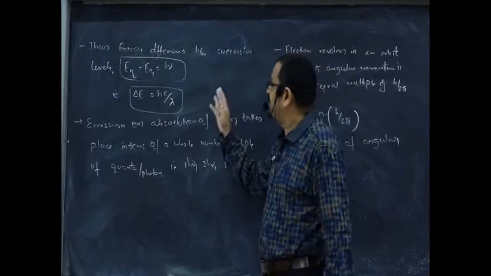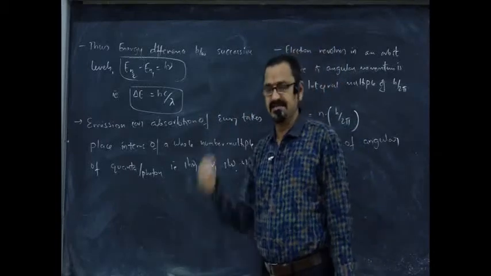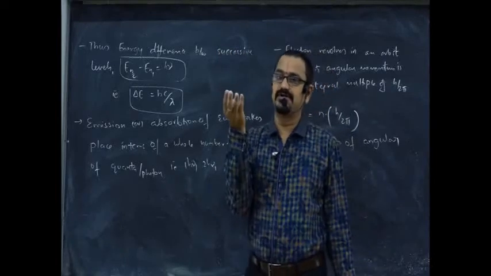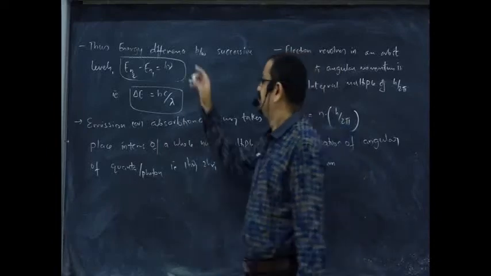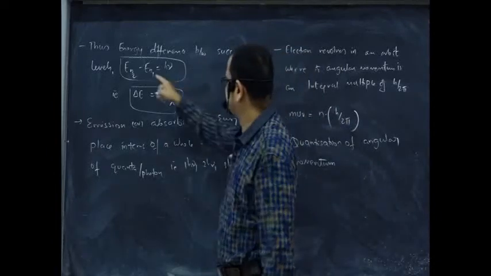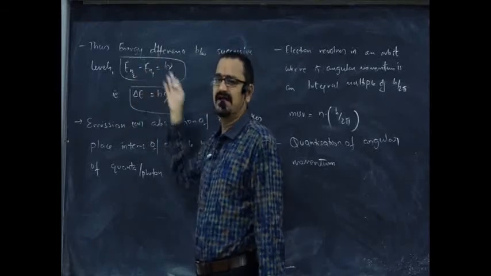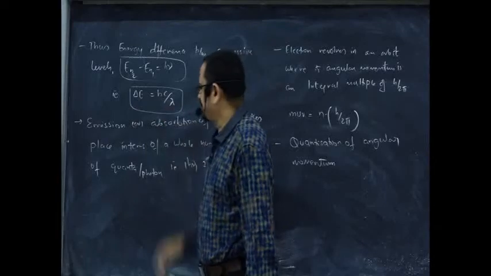Thus, the energy difference between successive energy levels: transition of electrons takes place either by absorption or emission of energy in terms of quanta or photons. This energy difference between successive levels is given as En2 minus En1 equals h nu, where n2 is some high level and n1 is some low level. That is, the energy difference is given as hc by lambda.